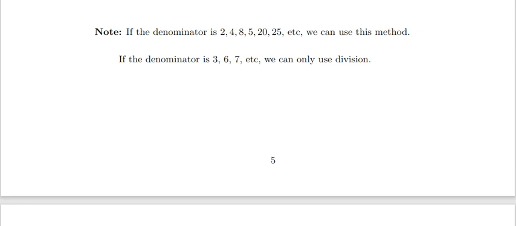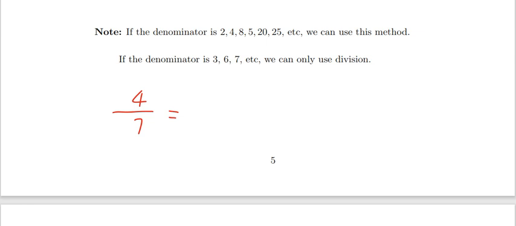But for other denominators like 3, 6, 7, it's harder for us to change to 100. So for those, we have to use division. For example, let's say 4 over 7. This 7 is really hard. We cannot change 7 to 100 or 1000.